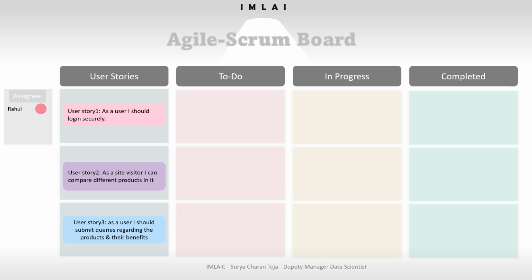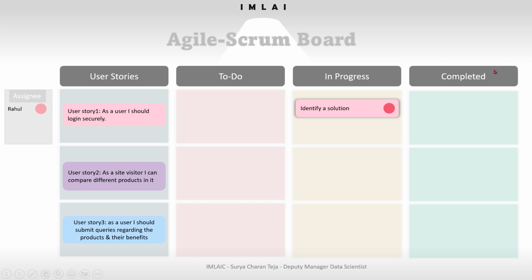So let's take Rahul. For Rahul, from user story 1, some of the tasks are assigned. The first task is to identify a solution. That's his first task, that he has started and is presently working on.